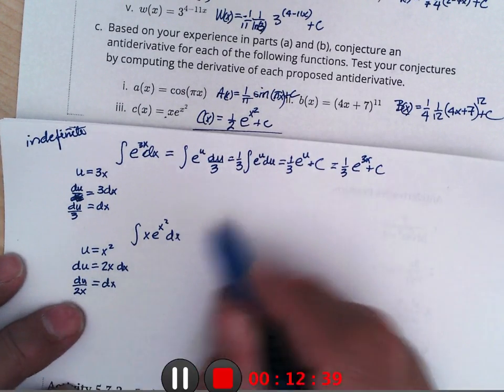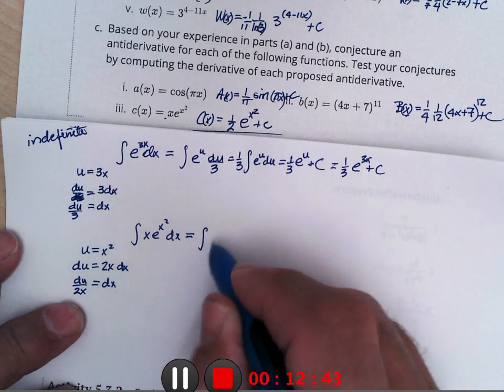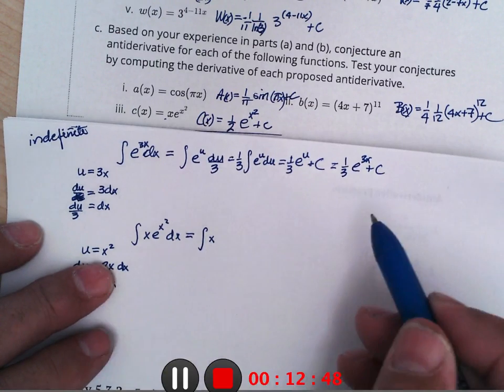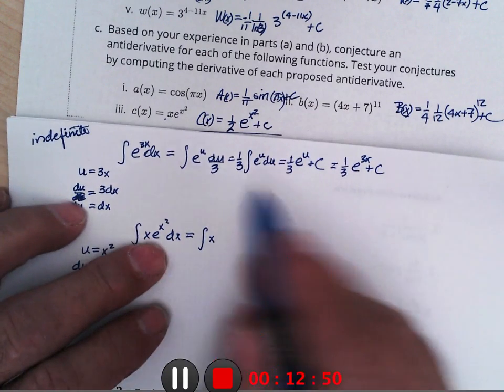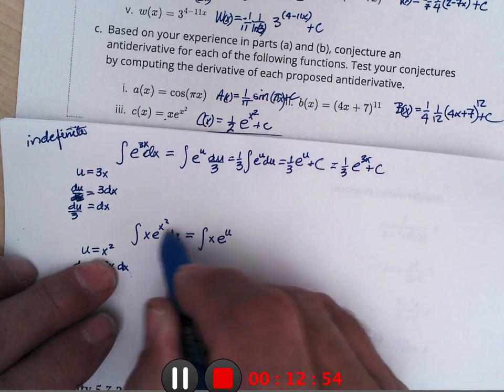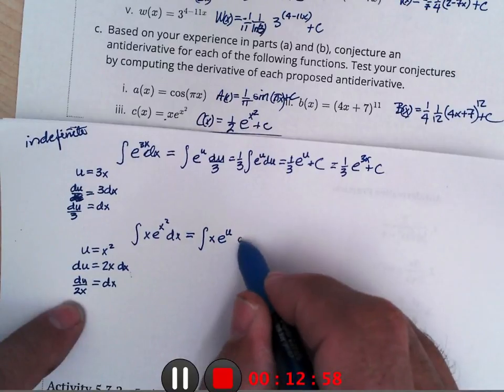And so that's what I'm going to put in for the dx. And let's take a look at the rest of this here. So I've got the integral. I didn't have anything for x, so I'm going to leave that there temporarily. Then I have e to the u, because that's what I made u. And for dx, I've got du over 2x.